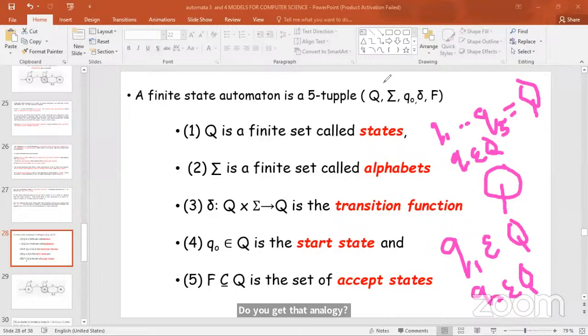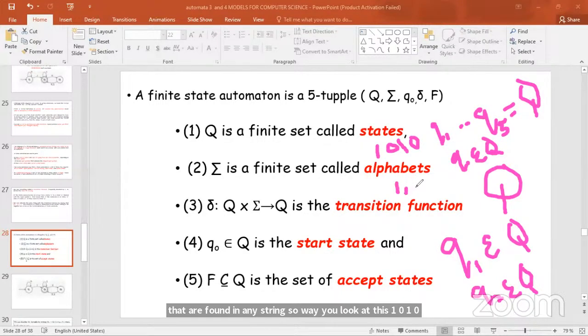Yes, the number of states, yes. Okay, thank you. So moving on. Then we have epsilon, which is a finite set of alphabets. Alphabets are symbols that are found in any string. So when you look at this 1, 0, 1, 0, the finite set of alphabets found here is just 1, 0, because the string is made up of 1, 0.